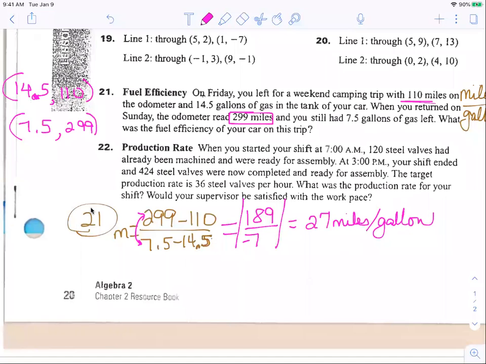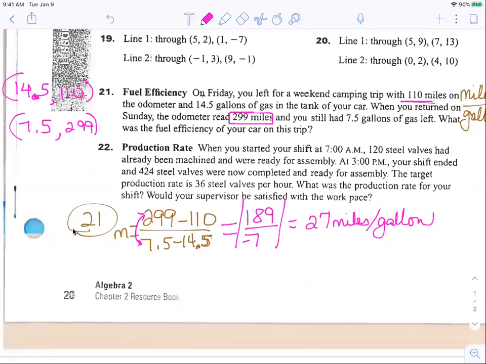So if you look at 22, this one's talking about a production rate. You're working and you start at 7 o'clock and you're making steel valves. At 7 o'clock, there are 100 steel valves that have already been made or machined, or that are ready for assembly.